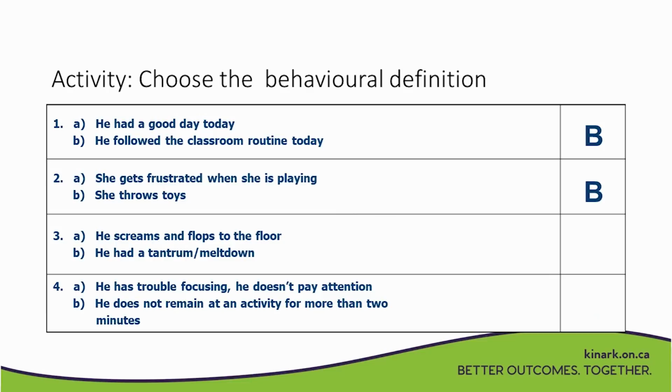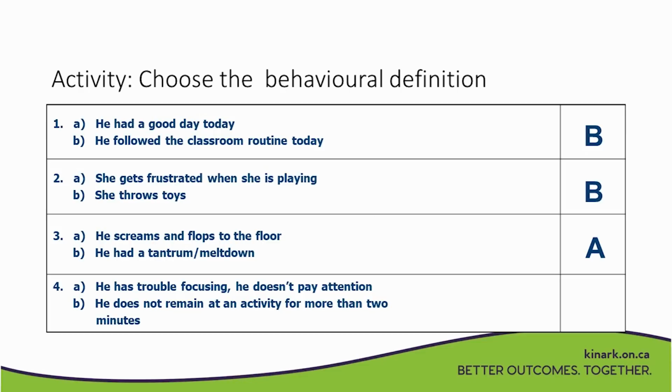Question number 3. Would you select A, he screams and flops to the floor, or B, he had a tantrum, meltdown? He screams and flops to the floor is the behavioral definition in question 3. Question number 4. Would you select A, he has trouble focusing, he doesn't pay attention?